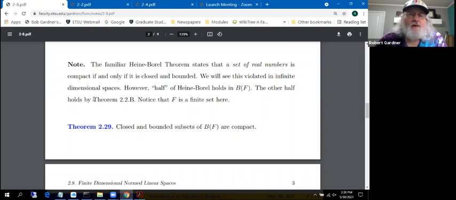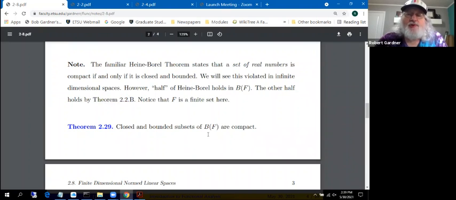Might point out quickly, Theorem 2.2.b says, if we have a compact set, then it's closed and bounded. But that's only half of Heine-Borel. If compact set, then closed and bounded. Heine-Borel says the converse holds. Closed and bounded implies compact for sets of real numbers or sets from Rn.